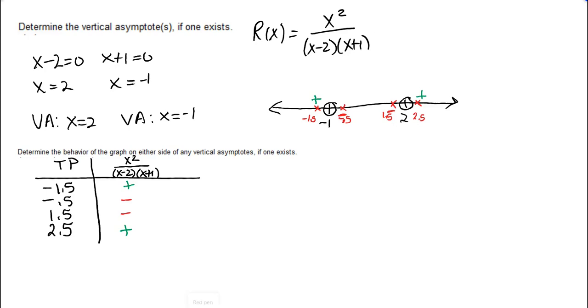So what that tells me is that when I have my vertical asymptote, because it's positive on the left, the graph will be approaching infinity on the left. And because it's negative on the right of that asymptote at -1, my graph will be approaching negative infinity on that side. Same thing for the other vertical asymptote at 2. We got negative on the left and positive on the right.